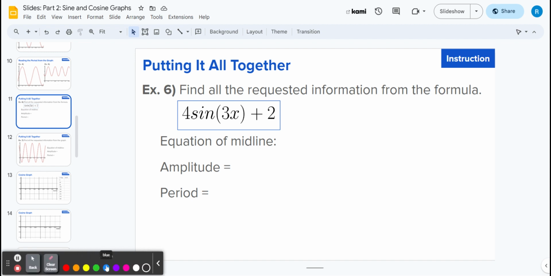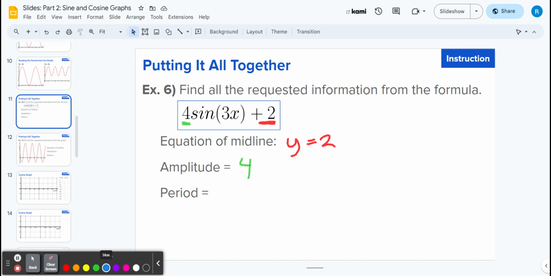So if I do that, my equation of the midline is associated with that d coefficient. So it's at the end of the equation here, it's 2. So the equation for that midline, that horizontal line, will be y equals 2. Okay, our amplitude is tied into that a coefficient out in front. So that is simply going to be equal to 4.